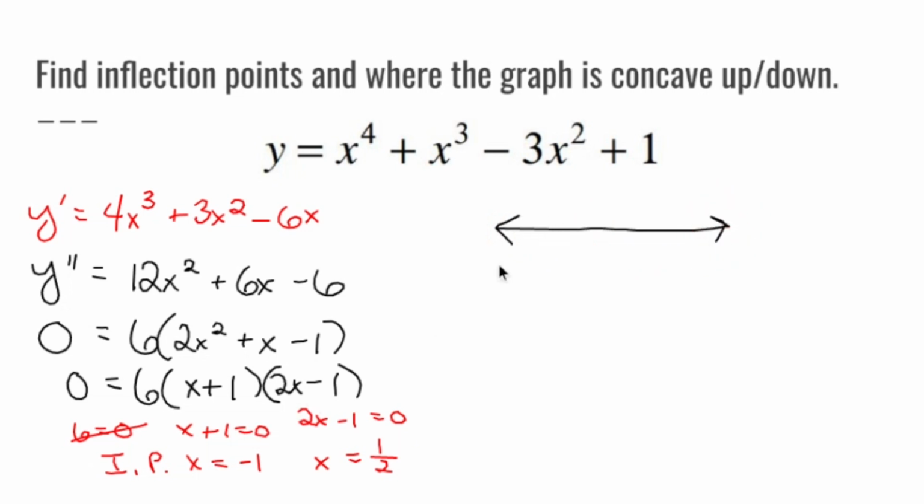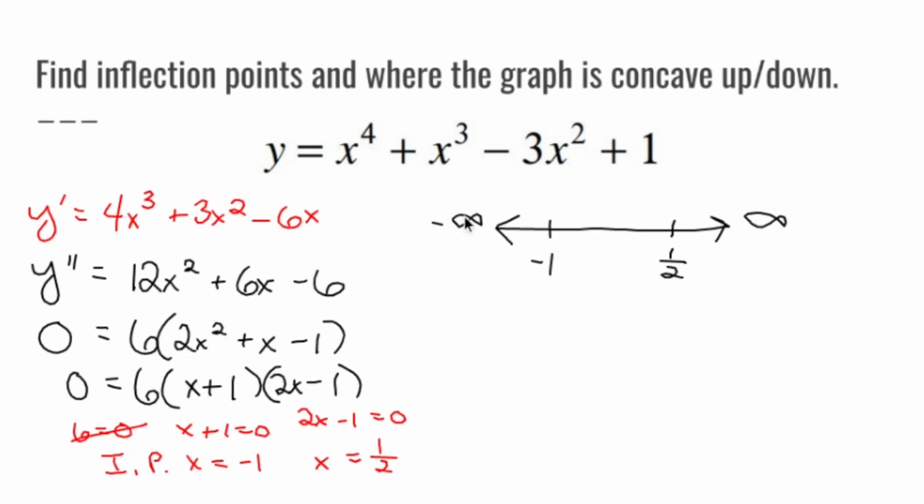I'm going to use the fact that I have negative 1 and a half to find the intervals. What's going on between negative infinity and negative 1? Between negative 1 and a half? Between a half and infinity?